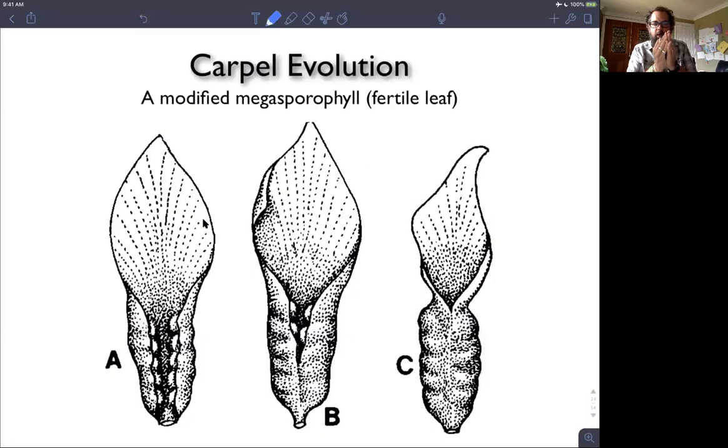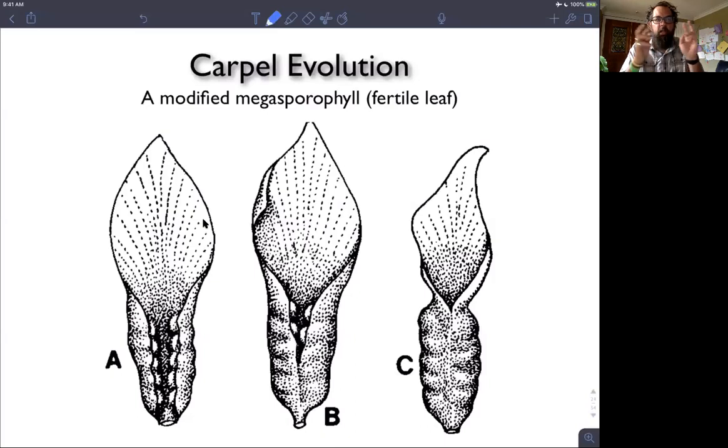And so what does this have to do with the inner and outer epidermis? Well, if this is a leaf, it's got an epidermis on the upper surface and on the lower surface. When this curls in, now I've got an inner epidermis and an outer epidermis. So this is really good evidence that ovaries, carpels, are modified leaves that have rolled up on each other developmentally and are now enclosed as ovules on the inside.